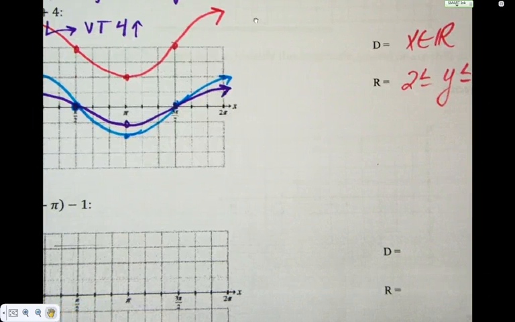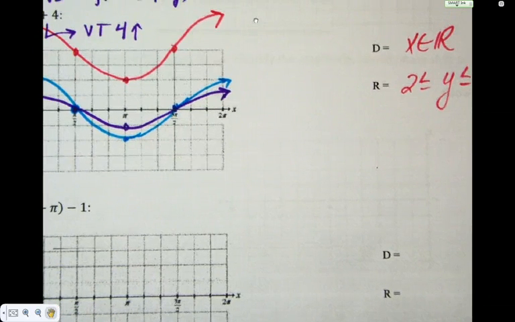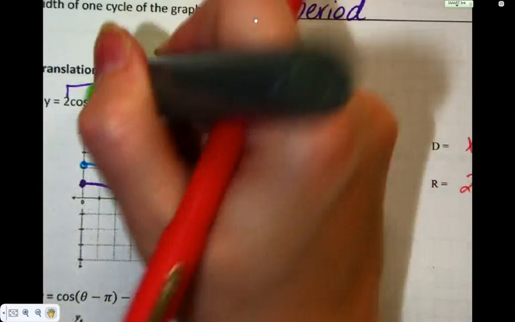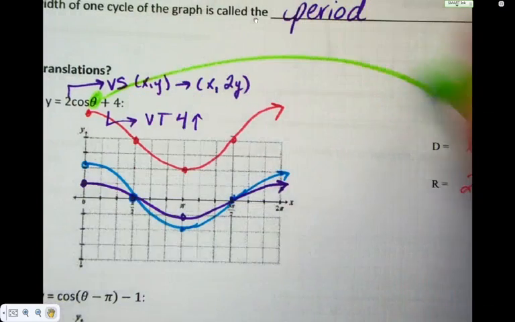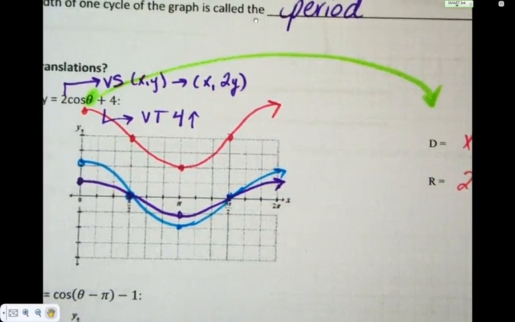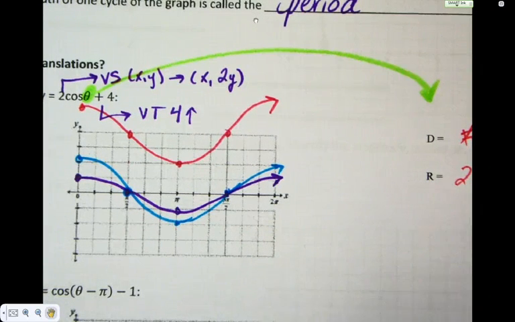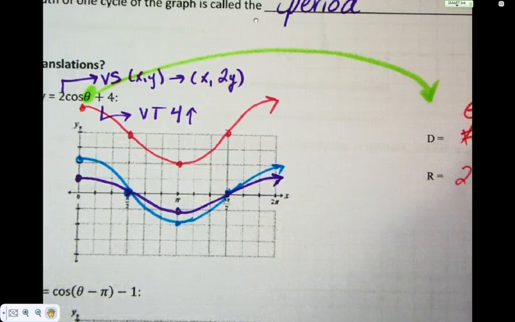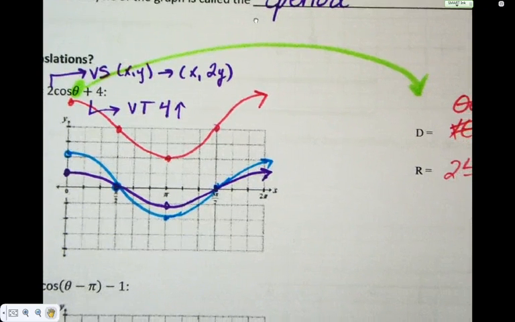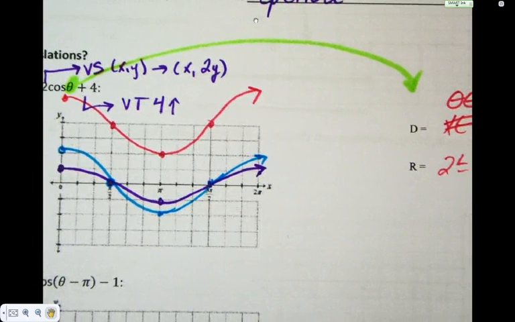And I just realized we made a mistake with our domain. No x in our equation. It has to be theta in the real numbers. That would be half mark off. Yeah. Oh, it matters to mathematicians big time. You're all right.